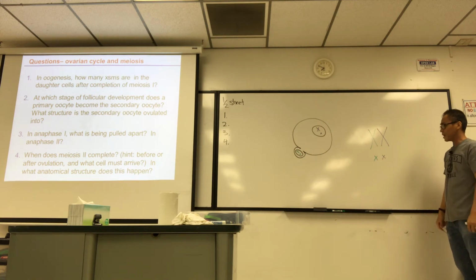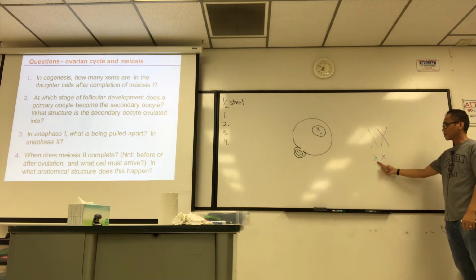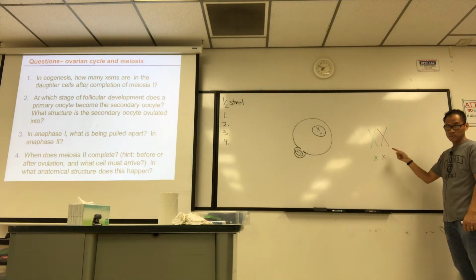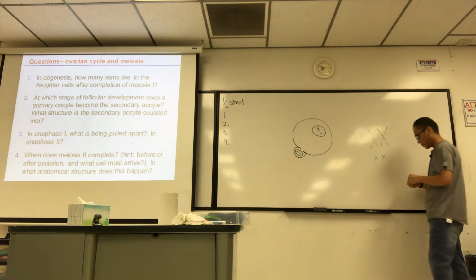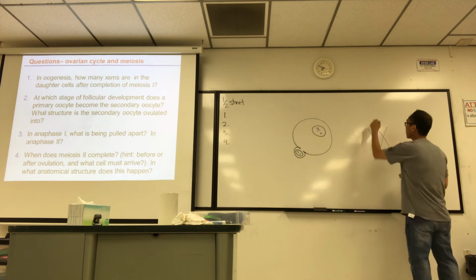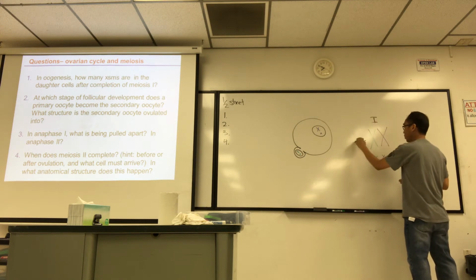Always think of them as sets. The green set belongs to maybe mom, and the purple set belongs to dad. So you're separating the homologous chromosomes in anaphase 1. That's very important to understand. In anaphase 1, you just pull it apart.